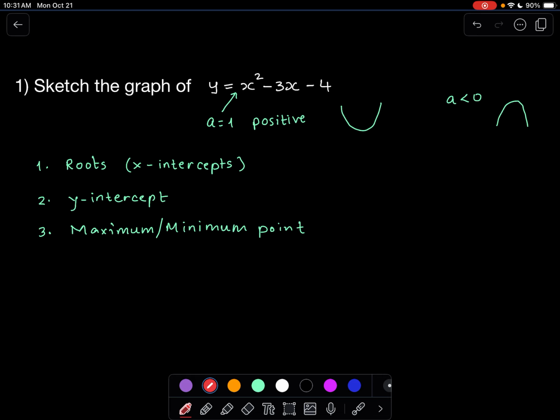The first one, to get the x-intercept, we are going to set y equal to 0. The y-intercept you can identify from the question. So when we have a quadratic y equal to ax squared plus bx plus c, we know that this c is going to be your y-intercept.